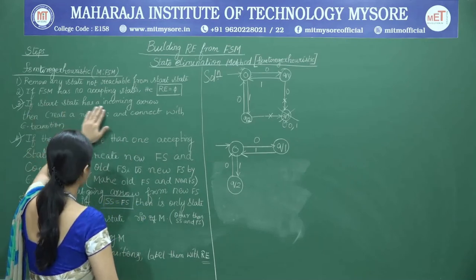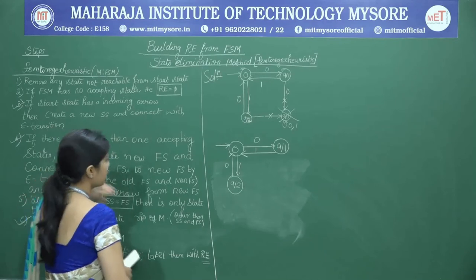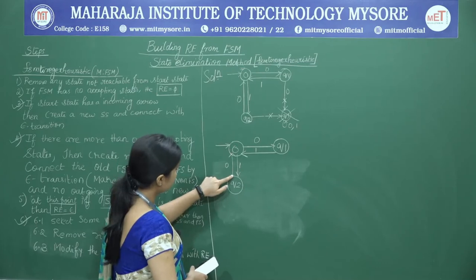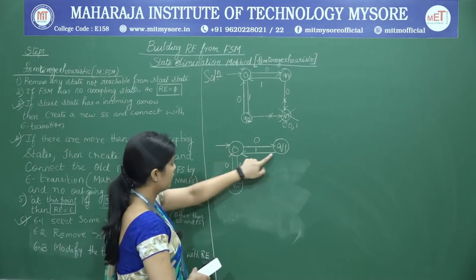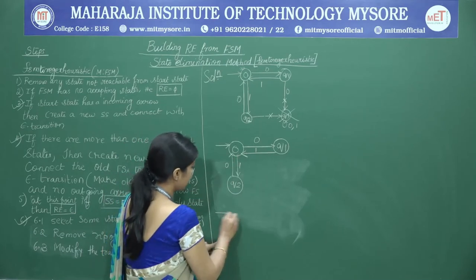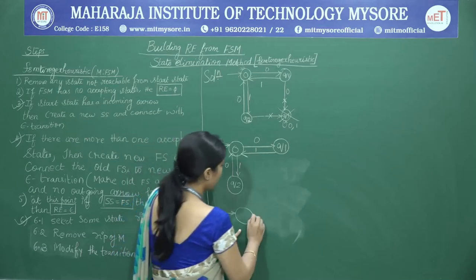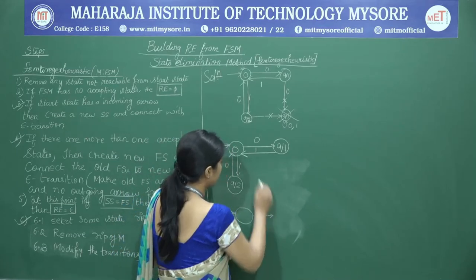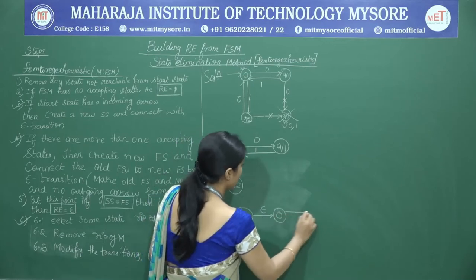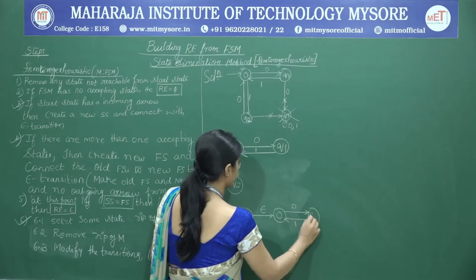If the start state has an incoming arrow, then create a new start state and connect it with an epsilon transition. What do we see at the start state here? You can see there is one incoming arrow and a second incoming arrow to the start state. So, we need to create a new start state, connect it via an epsilon transition to the old start state, and keep the rest of the transitions as they are.